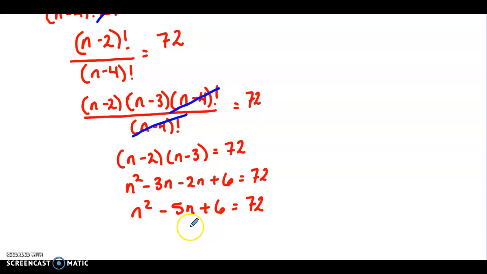This is a quadratic equation that we are trying to solve for n. We want it equal to 0, so I am going to subtract 72 from both sides, and we end up with n squared minus 5n minus 66 equals 0.